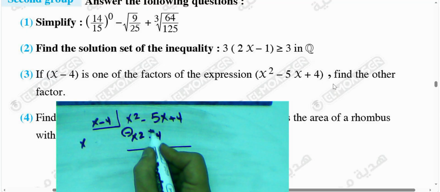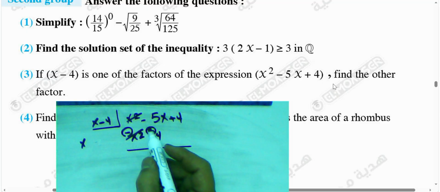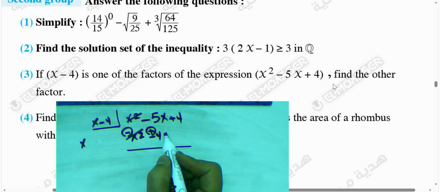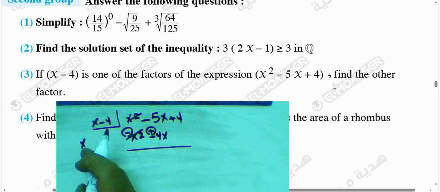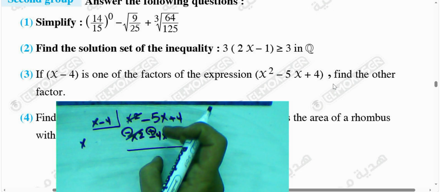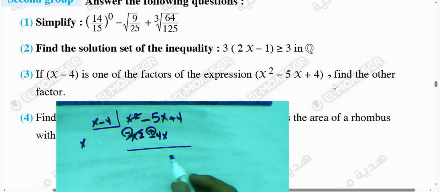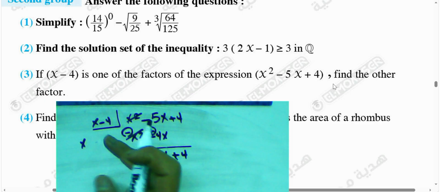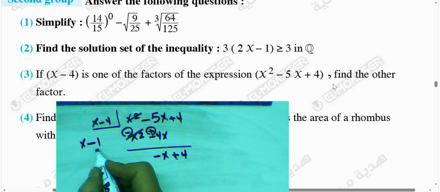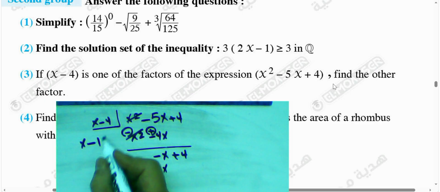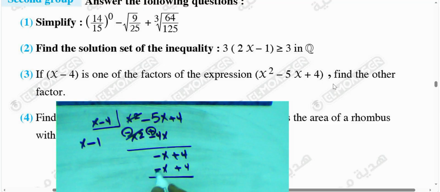Then find the difference: negative 5x plus x equals negative 4x, plus 4. Negative 4x divided by x equals negative 4. Negative 4 times x is negative 4x, negative 4 times negative 1 is 4. And then change the sign to find the difference.